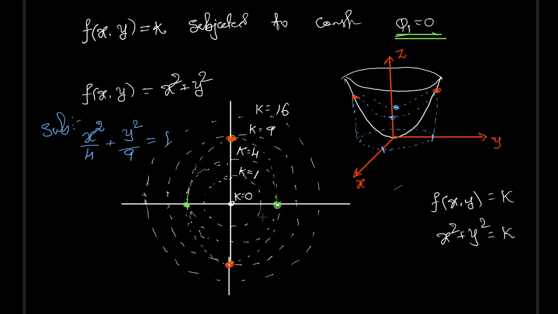Now you see, among these cases, which least k touches this ellipse? The least k is here, that is k equal to 4. And the highest k is k equal to 9.